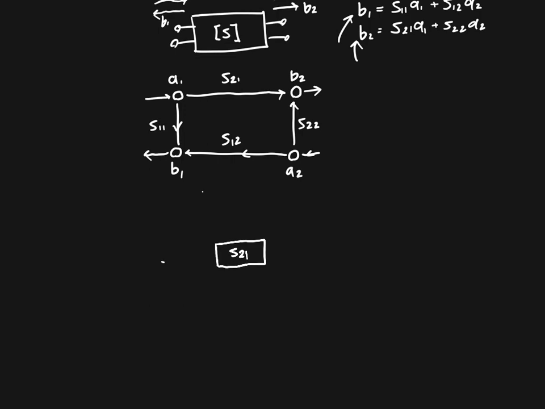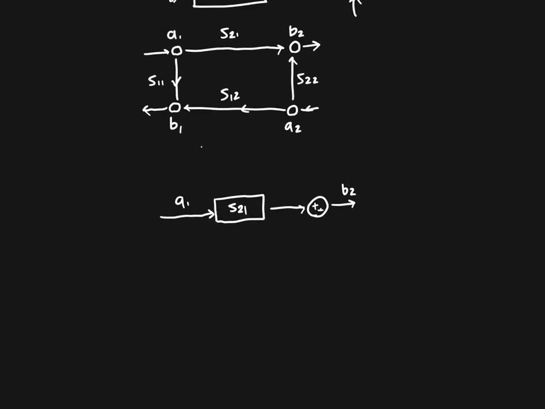So if we want to draw a block diagram equivalent of our two-port network signal flow graph, it just goes like this. We've got an input signal A1, an output signal B2, and a block in between that scales it appropriately.